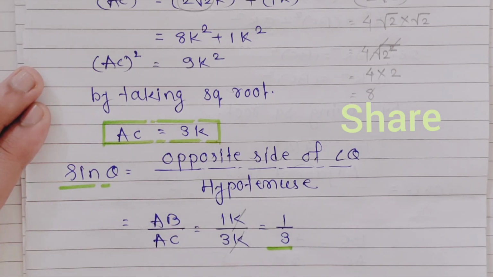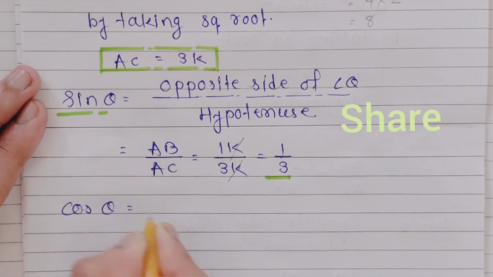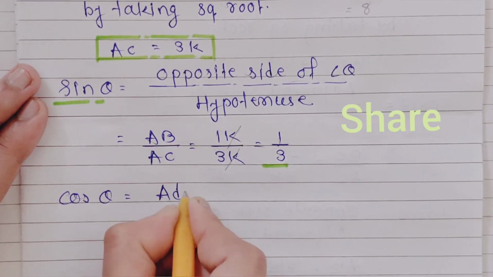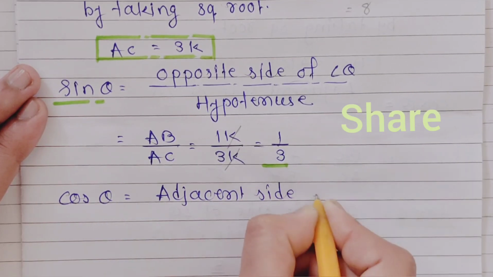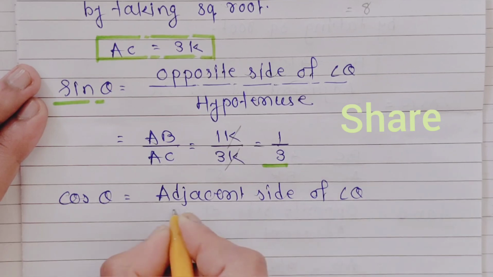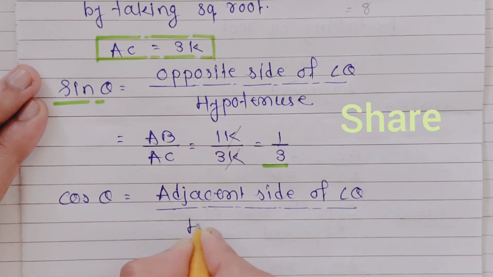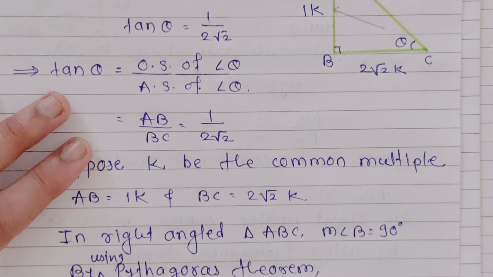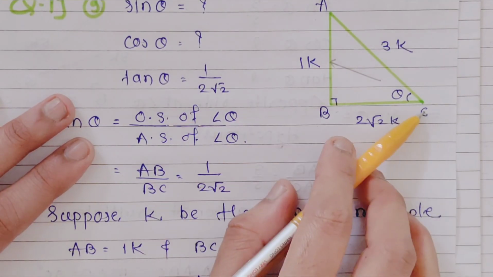Then we have to find cos theta. The cos ratio is adjacent side upon hypotenuse. So adjacent side of angle theta upon hypotenuse. So the adjacent side, see the figure, BC is the adjacent side upon hypotenuse, that means AC is the hypotenuse.